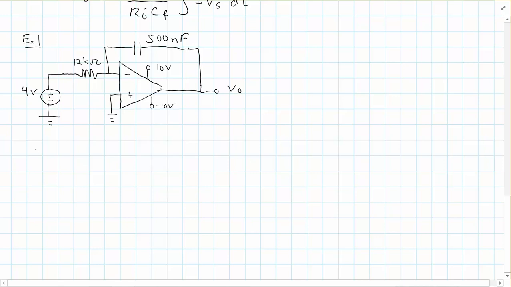So, let's see here. The capacitor has no initial energy.